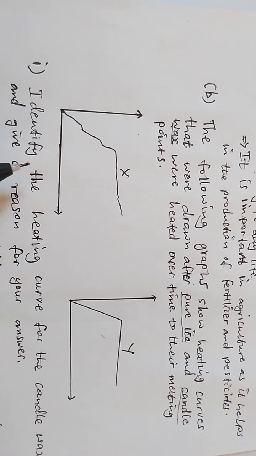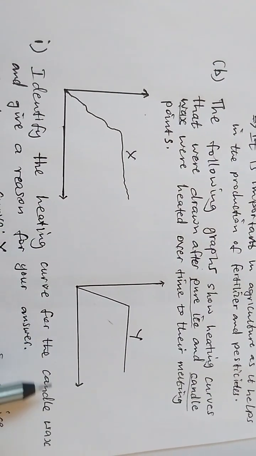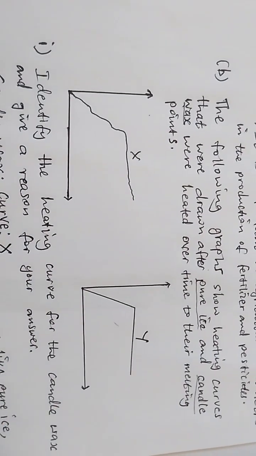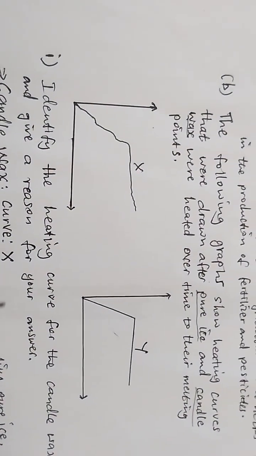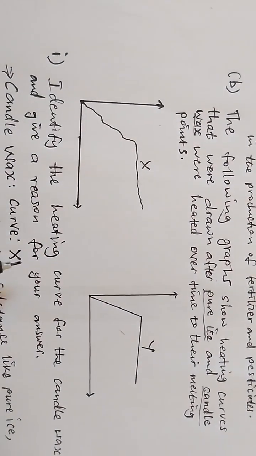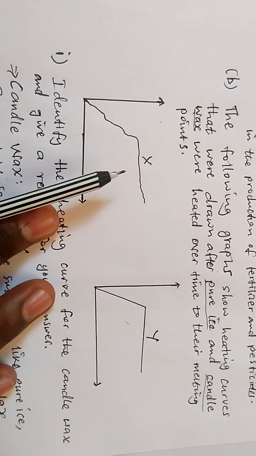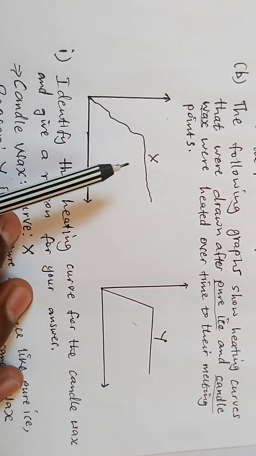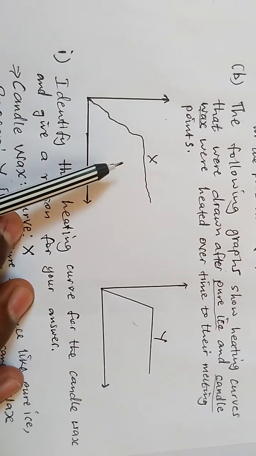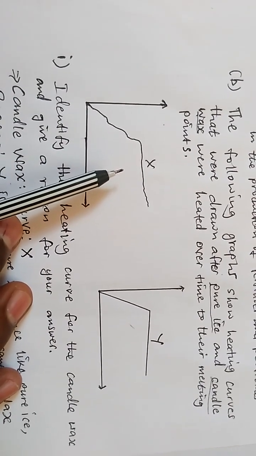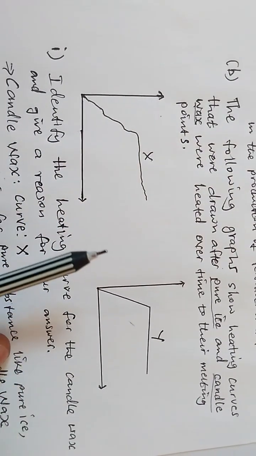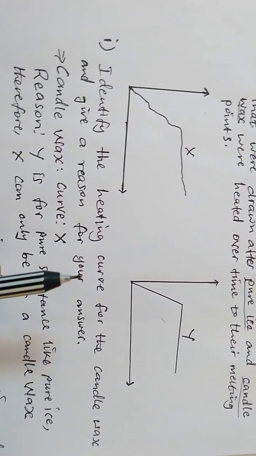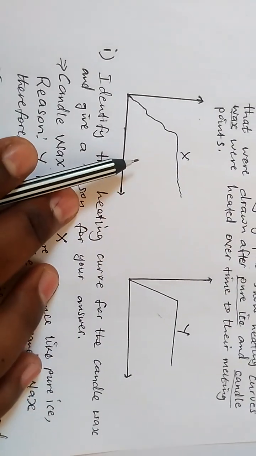So we see that the curve for the candle wax is curve X. Any other person would just guess that the heating curve is X. But the examiners also want to see the reason for your answer. Why do you say that the curve is X?